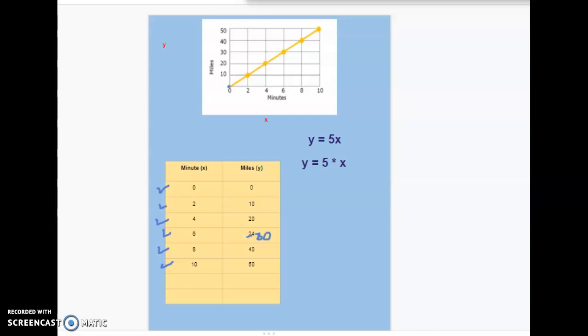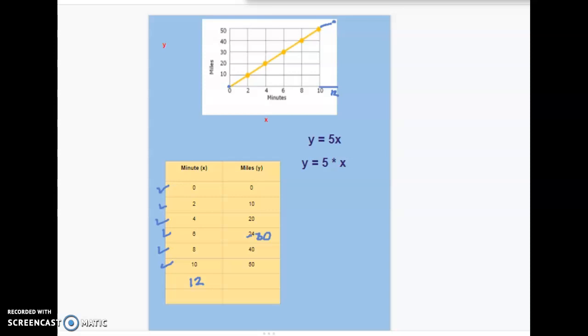All right, now I left some blank spots. Let's see what would happen. What if we extended this graph and we went out to 12? I put a 12 here. So if I go up until I can find a point that would be on this line, it would be about right there. So let's see what that would be.